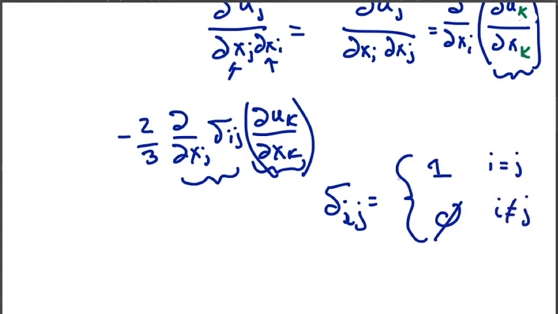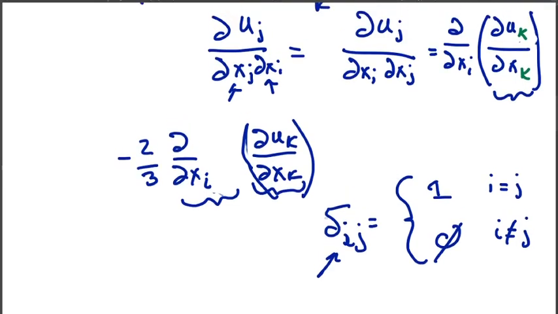So this basically just says, come in here, come into this part, and look anywhere you've got a j, and if that j is equal to an i, then these are going to be the same, and if it's not equal to an i, then it's going to be equal to 0. So what that really means is we can do some eraser math, and we can just erase our Kronecker delta here, and we can erase our j and just force our j to always be i's. Because we know that any time the j is not an i, then the Kronecker delta itself will be 0, making the term 0. And the only time that it's not 0, it's equal to 1. So it vanishes away and rewrites the j's as i's.